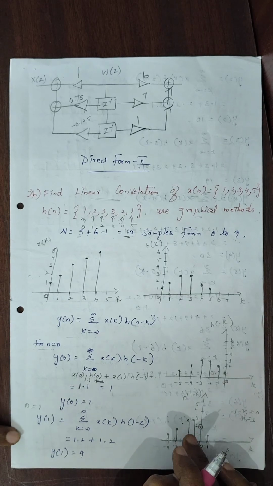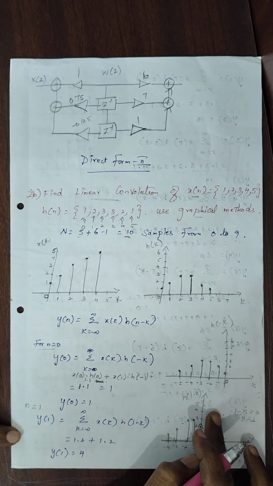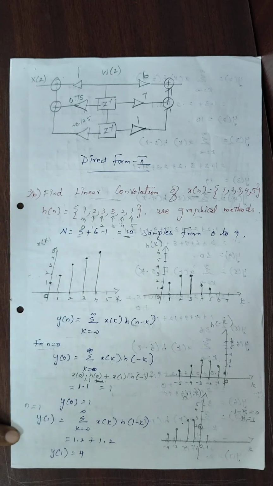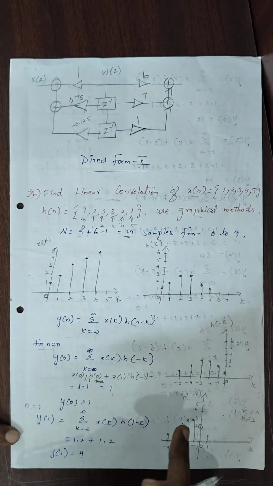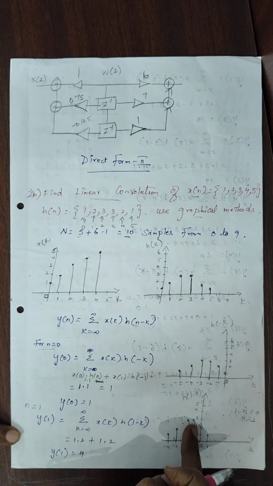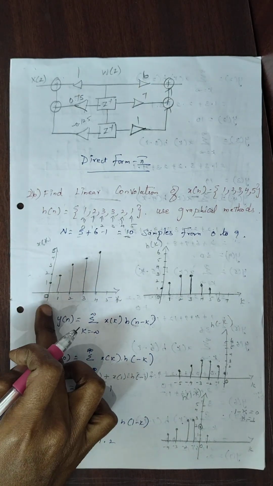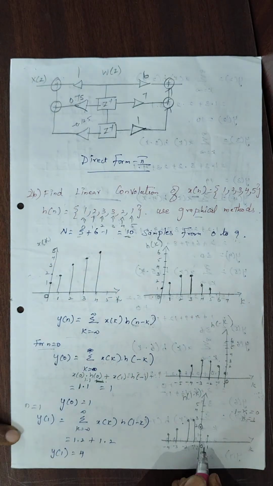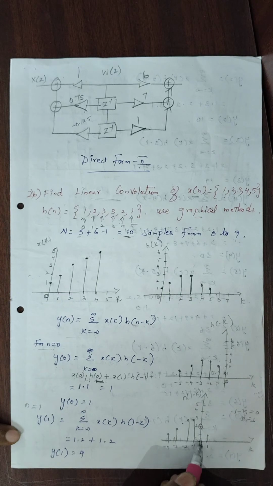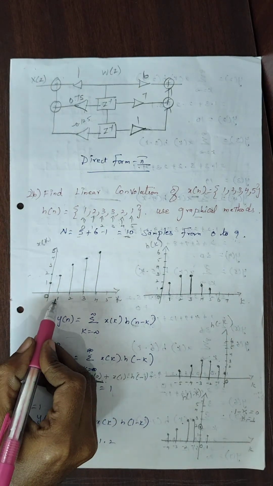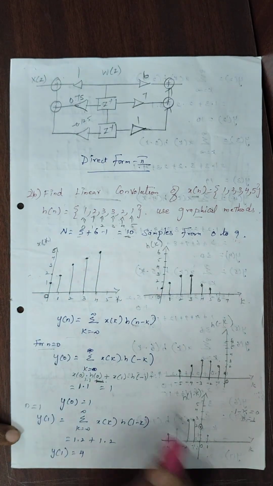So we now know h of 1 minus k and x of k. Compare both x of k and h of 1 minus k. Compare the time period. What is the common value? For 0, here also 0, we have the amplitude, and for 1 we have both amplitudes.